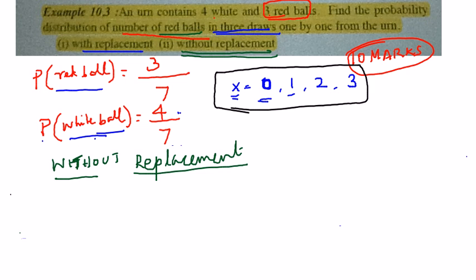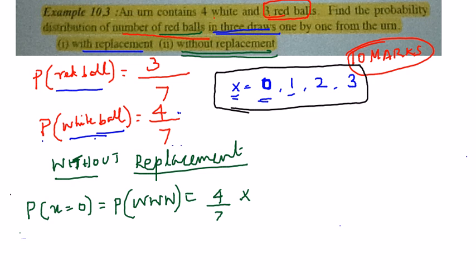So first let's write the probability of x is equal to 0. That is, I'm not getting any red ball and I'm getting only white balls. So it is going to be the probability of one white ball, which is 4 by 7, into, this is the difference between with and without replacement.